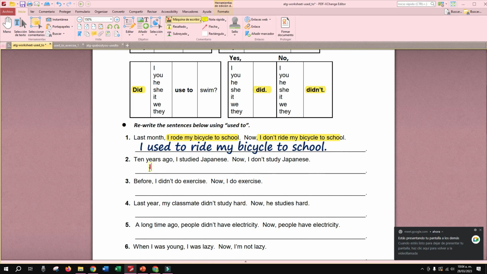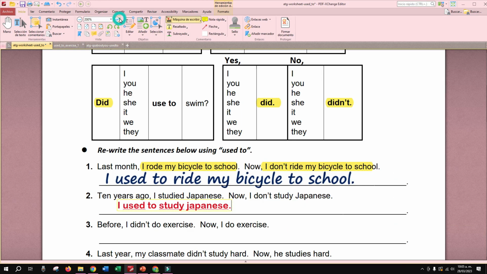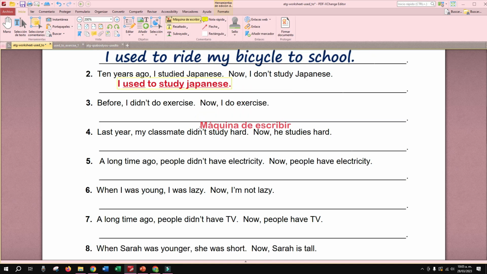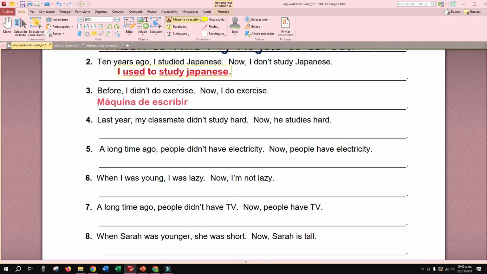So, I, nice, used to study. That would be in the base form, right? Study. We can say Japanese. Good. Excellent. So I used to study Japanese. Perfect. Let's see the number 3.